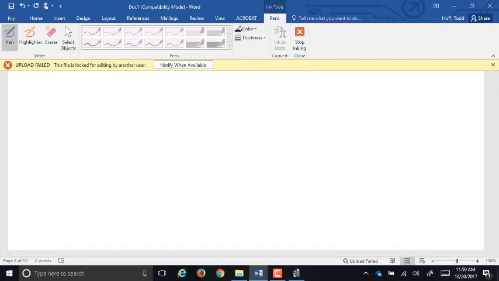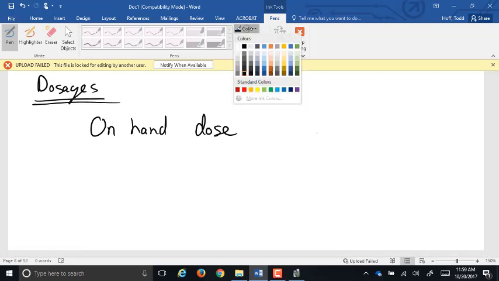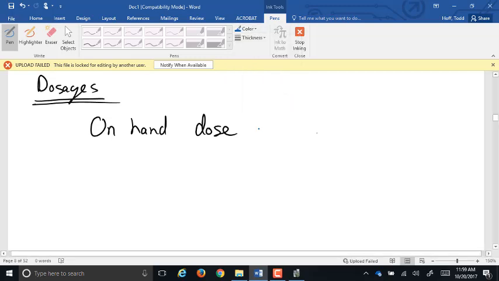Okay, so anyway, let's talk about dosages. A little bit of vocabulary we need to clear up before we talk about dosages. The on-hand dose is found on the label of the medication.